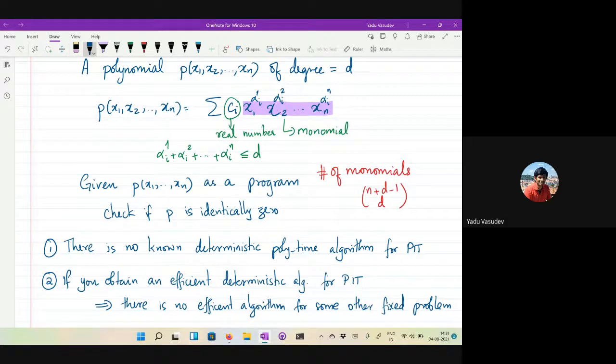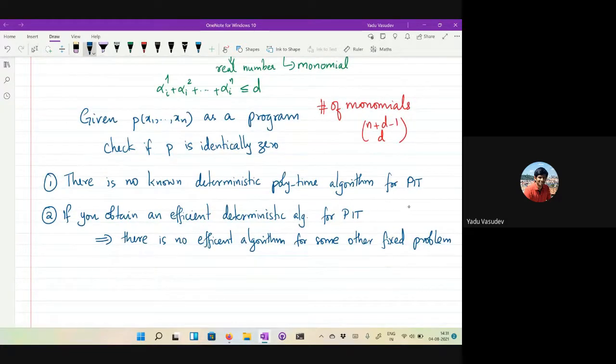Okay. And thirdly, you might think that you can go about trying to design an efficient algorithm for PIT to show lower bounds and show that there is no efficient algorithm for some other problems. But then the connection also goes the other way, right? It's not exactly the same, but it goes the other way.